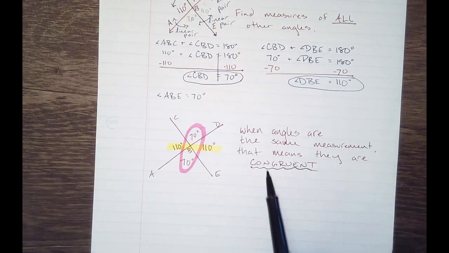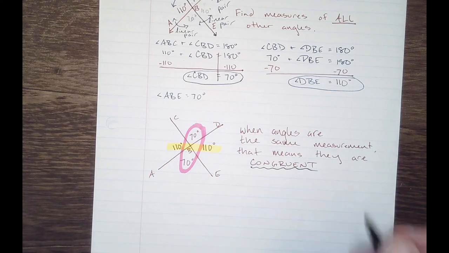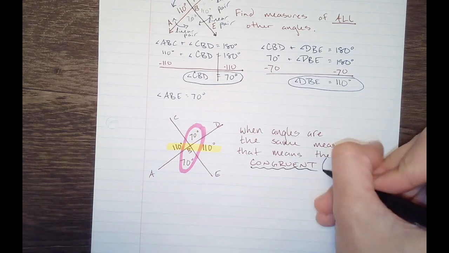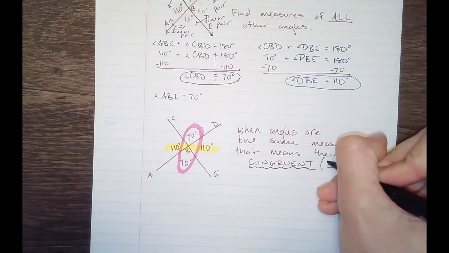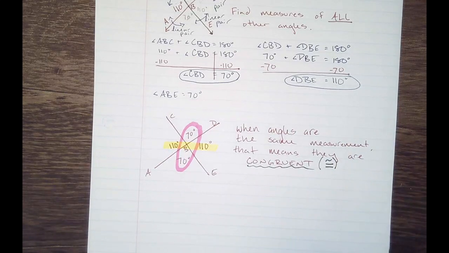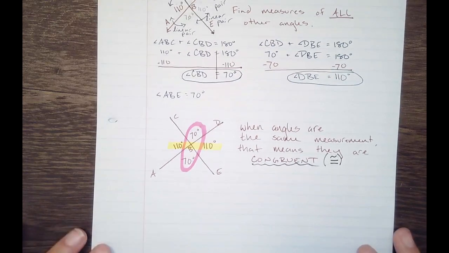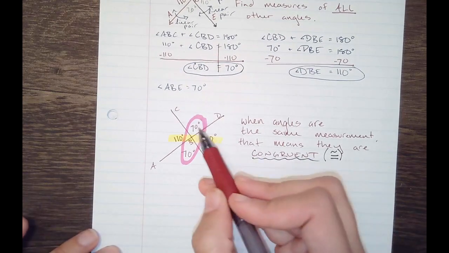Now, there's another name for these angles, what we call verticals. They are angles that are directly across each other when 2 lines meet.